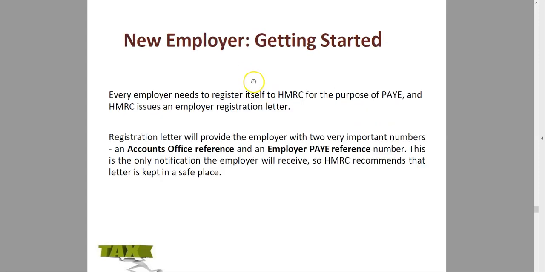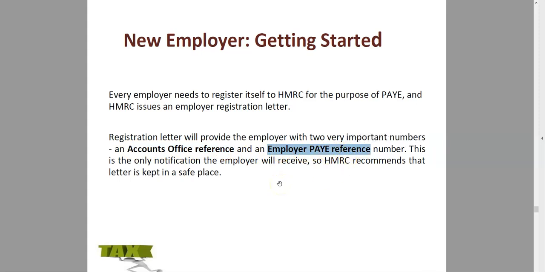Then the next one we have is new employer. When you are a new employer, for example, when you are starting to recruit employees for your payroll, you have to know a few things. The first thing you need to do is apply for a PAYE reference number. Once you apply, you will receive two things: the accounts office reference number and the employer PAYE reference number.